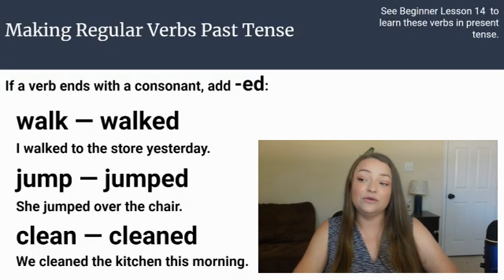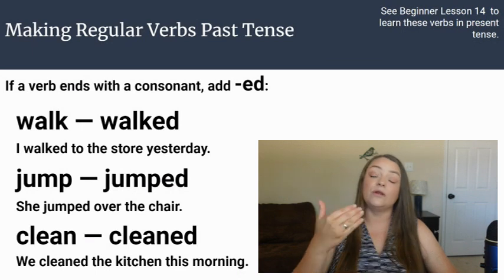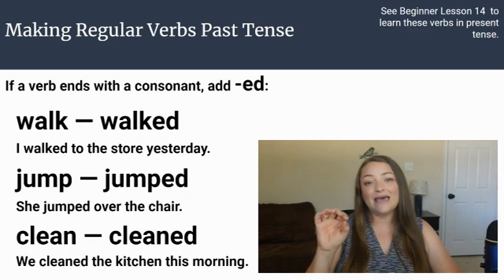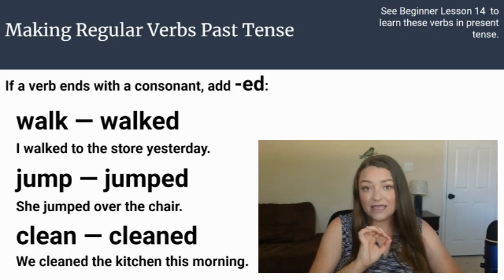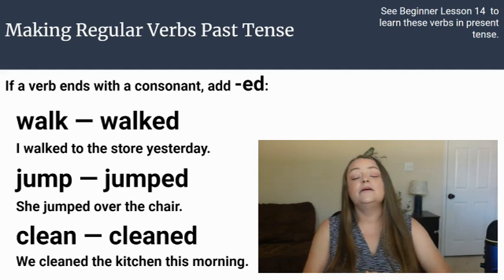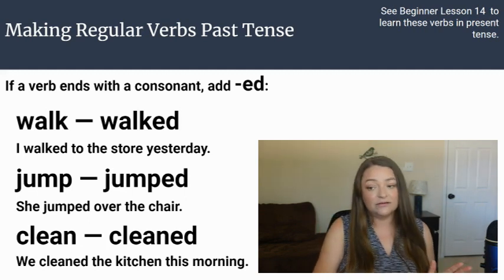Okay, so let's review how we made regular verbs past tense. Remember that we're trying to add that t sound at the very end of the verb to make it past tense. If a verb ends with a consonant, you do that by adding ed. So walk becomes walked.